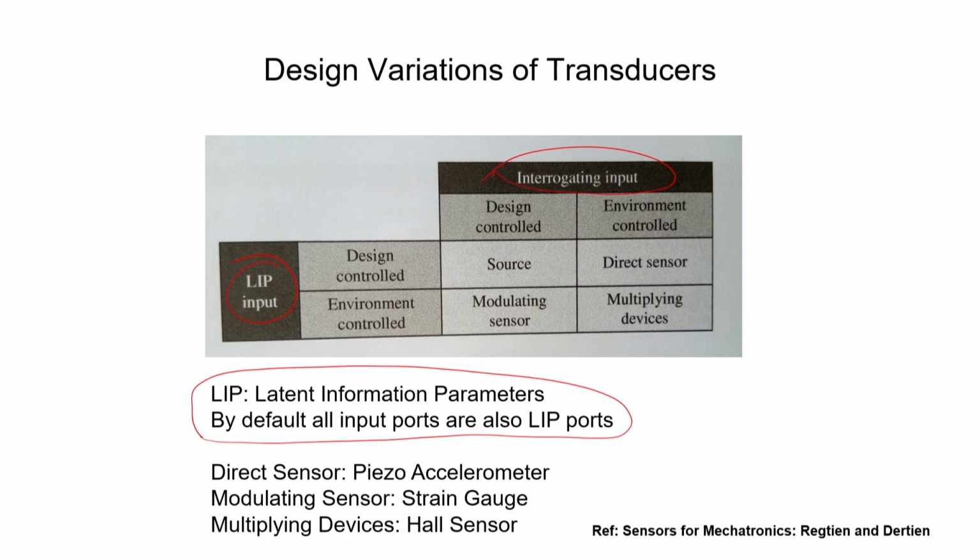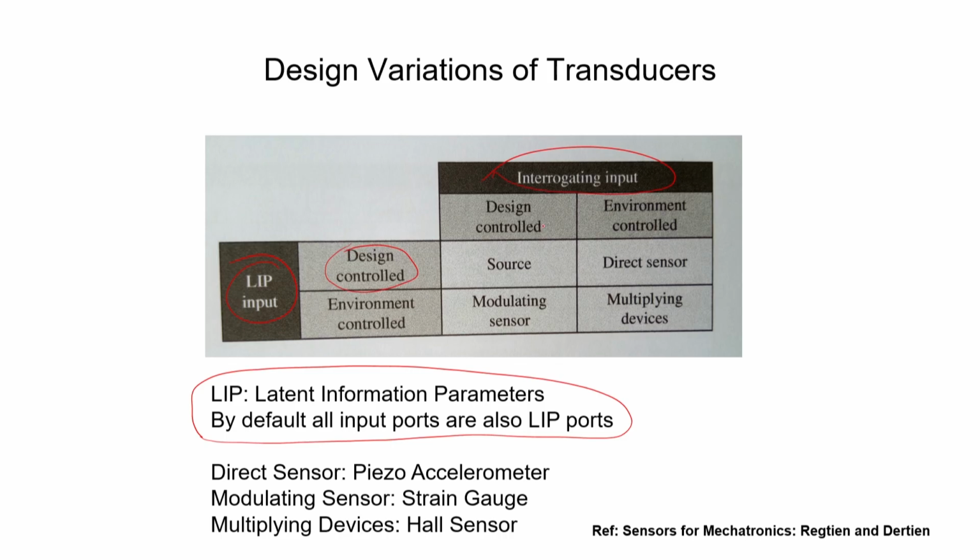By default, all input ports are LIP ports. Now, the LIP port inputs are of two types. One is designed and controlled input, and another is where you let the environment give you the input, you do not design it.